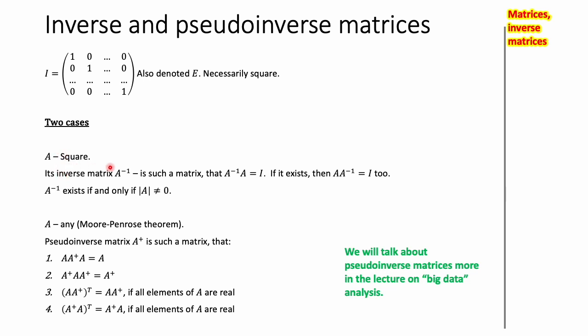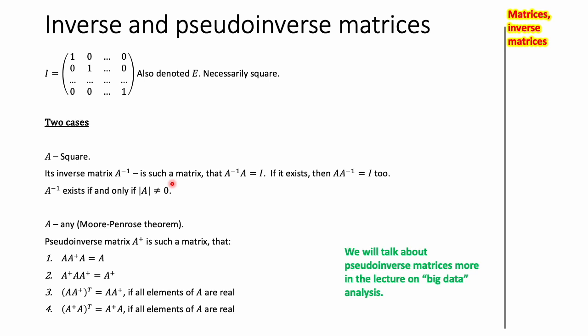It is such a matrix, denoted as A to the power -1, such that the product of the inverse matrix and the original matrix equals the identity matrix. If such a matrix exists, then the flipped product also equals the identity matrix. So it doesn't matter whether you multiply A by the inverse of A or the inverse of A by A, the result is the same.